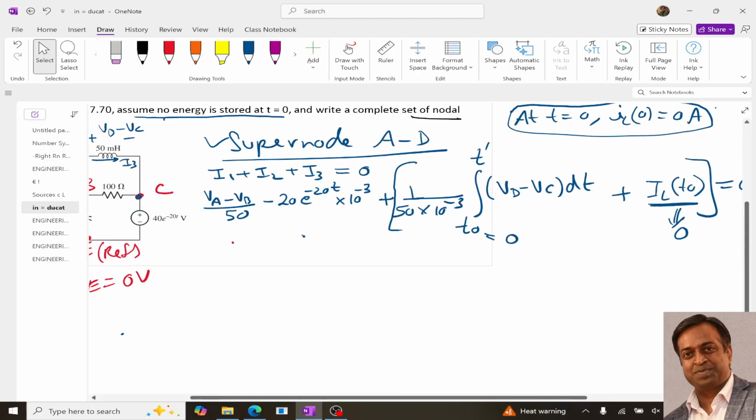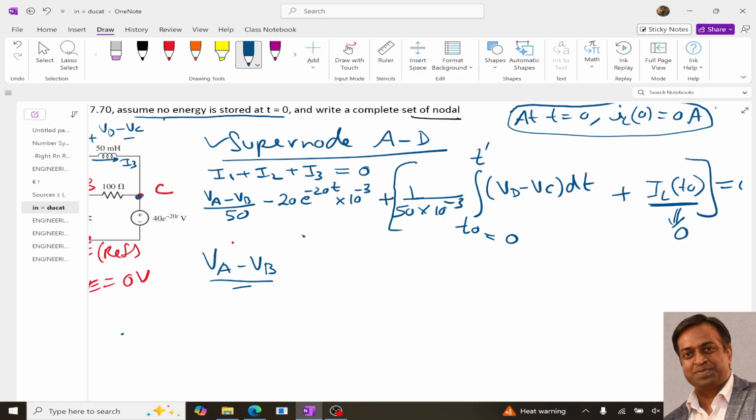So we are going to rewrite this expression as VA minus VB upon 50 minus 20 into 10 power minus 3, so it will be 0.02 e power minus 20 t plus 50 into 10 power minus 3.